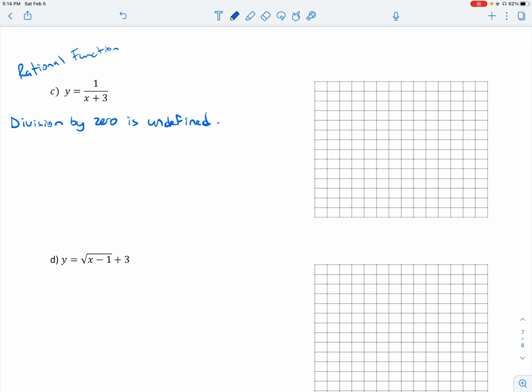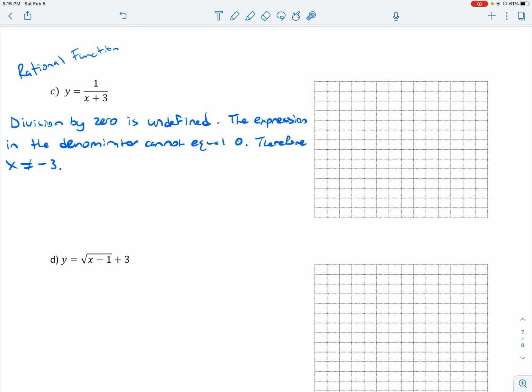Okay, so I'm going to say here the expression in the denominator cannot equal 0. Therefore, x cannot equal negative 3.